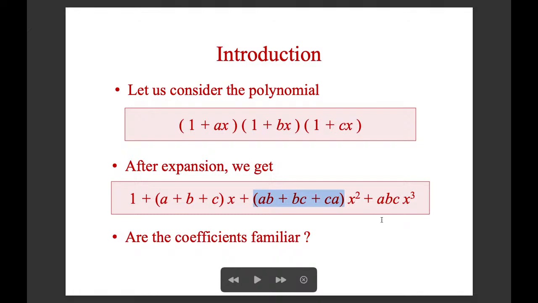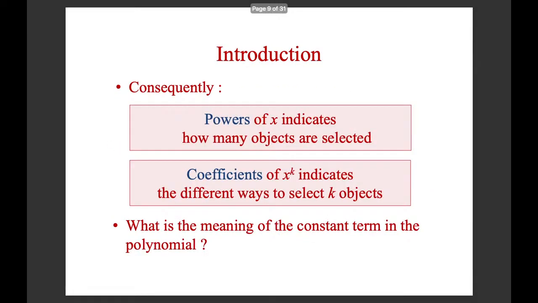So the power of x indicates how many objects we have selected. On the other hand, the coefficient of x to the power k indicates the ways that we are selecting k objects. Okay, so the constant term refers to the case that we are not selecting any object at all.